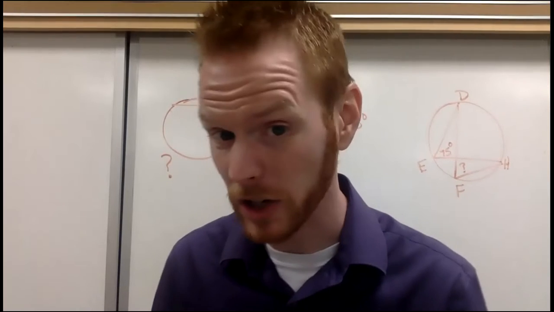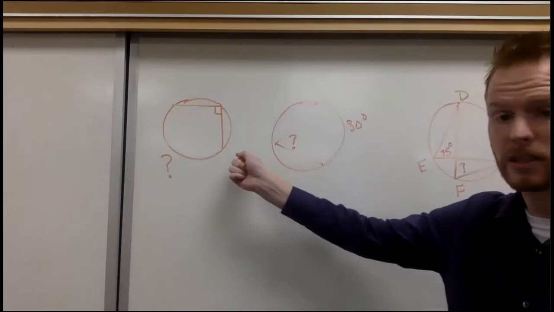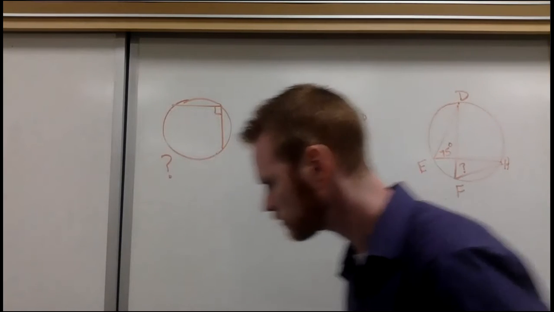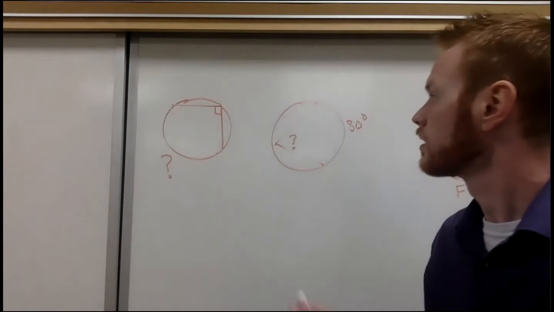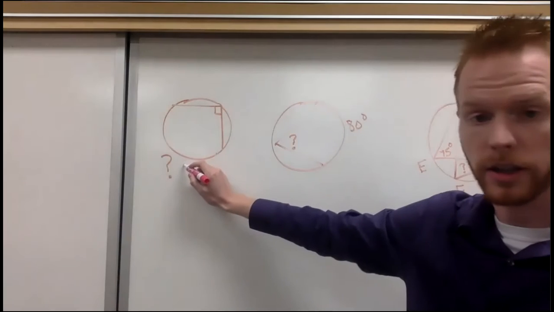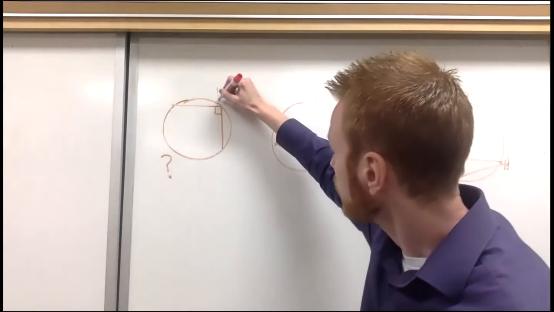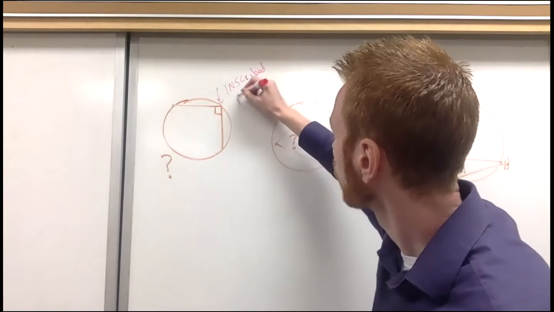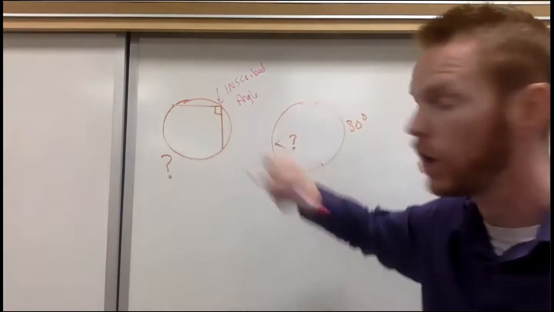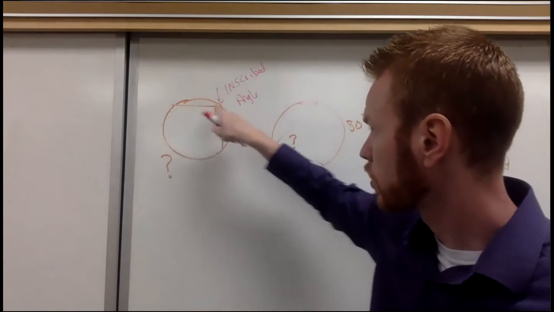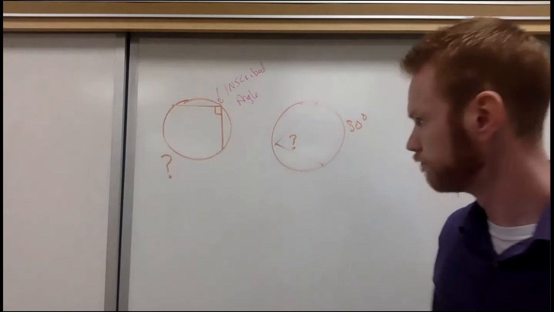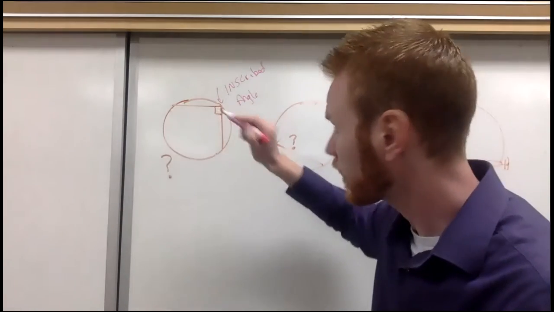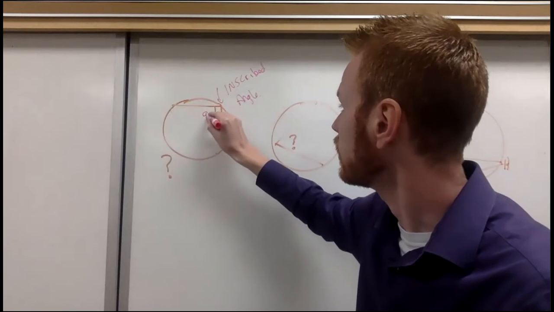Okay, so let's try two examples out. These are the two that we're going to be talking about. Looking at the first one, I want to figure out what the arc is right here. This is my inscribed angle, because it's on the circle and the sides are chords that go across the circle. I could have continued drawing them, but I stopped there. This box means it's 90, so this is 90 degrees.